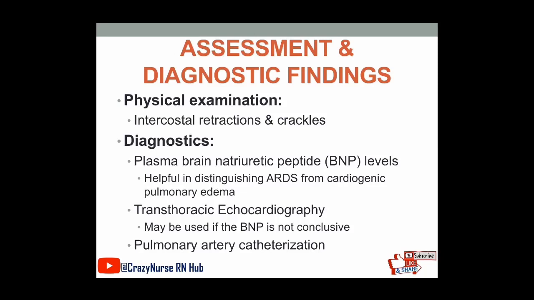We also perform transthoracic echocardiography. It is used if the BNP is not conclusive. And also we have a procedure called pulmonary artery catheterization. So these are the possible diagnostic and laboratory tests that we should perform in order to diagnose our patients with acute respiratory distress syndrome.